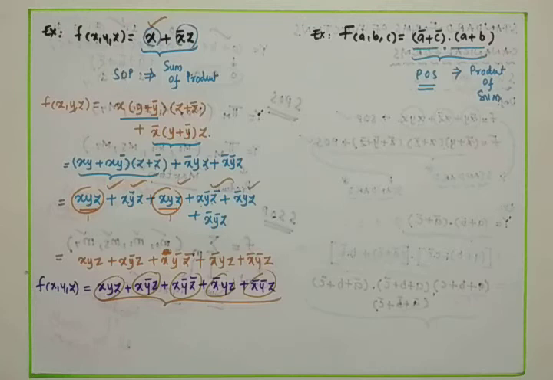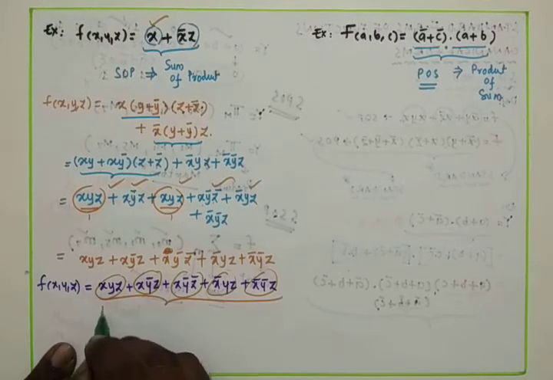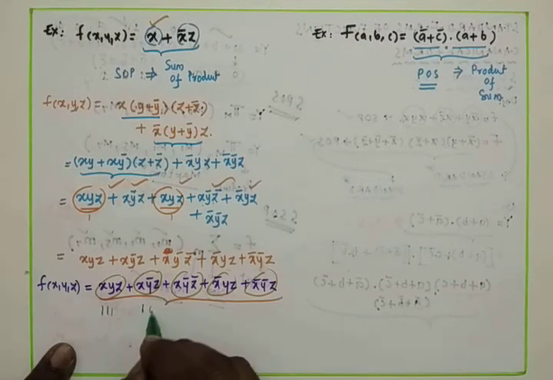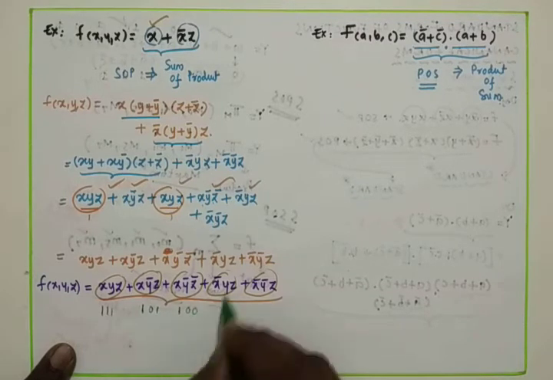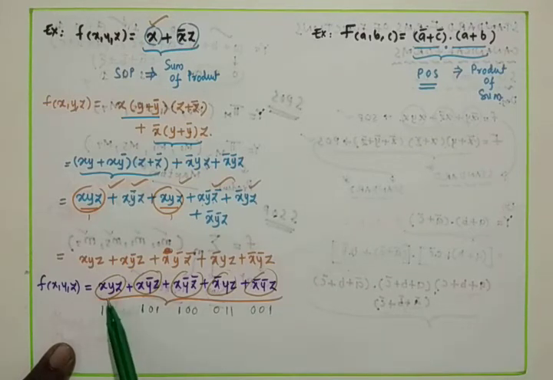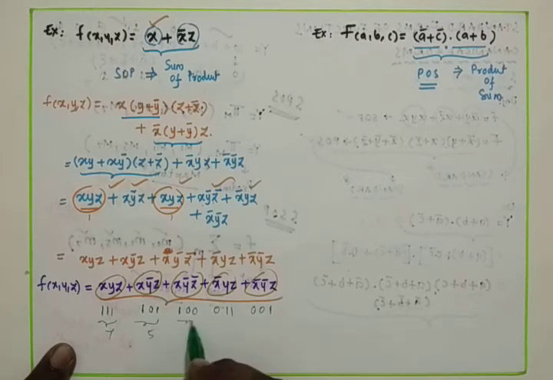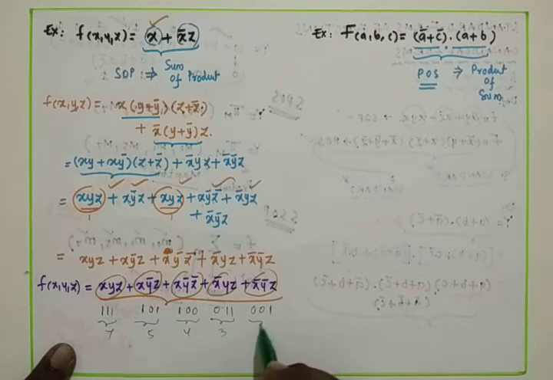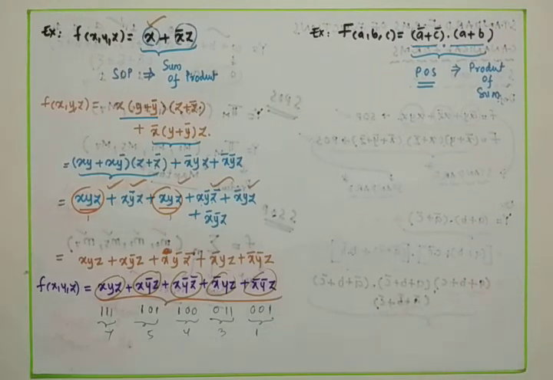So we can represent it in another form also. See this one: this is xyz, that means 1 1 1, 1 0 1, 1 0 0, 0 1 1, 0 0 1. In case of SOP, true signals will be with 1 and complemented signals with 0. This is true, so 1, and complement will be 0. So this is 7, 5, 4, 3 and 1.